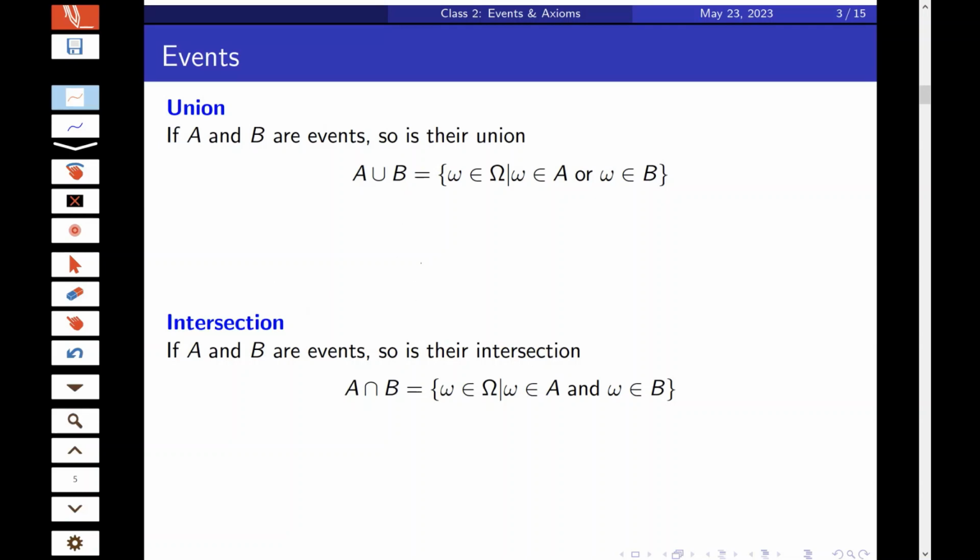We denote it by A union B, with the notation ∪. A union B means all omegas in the sample space that must be in A or B. It can be either A or B or both. Let's visualize this one.